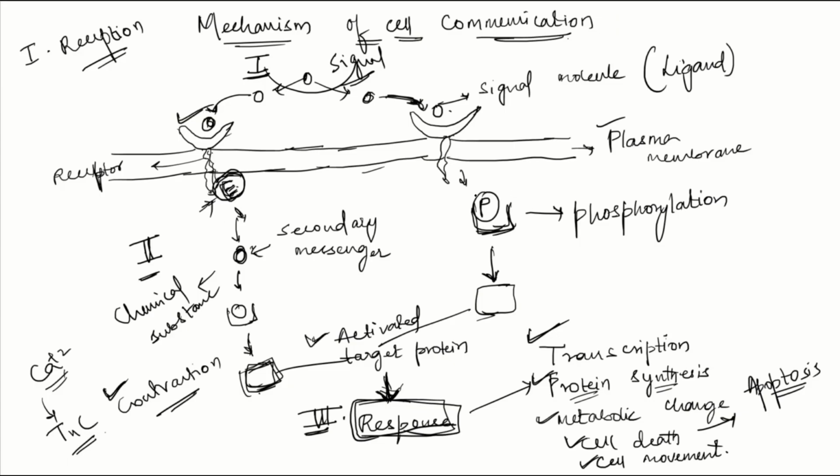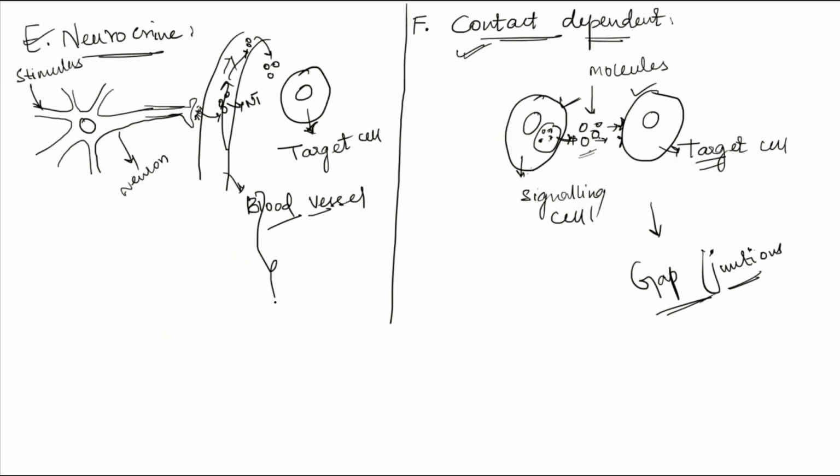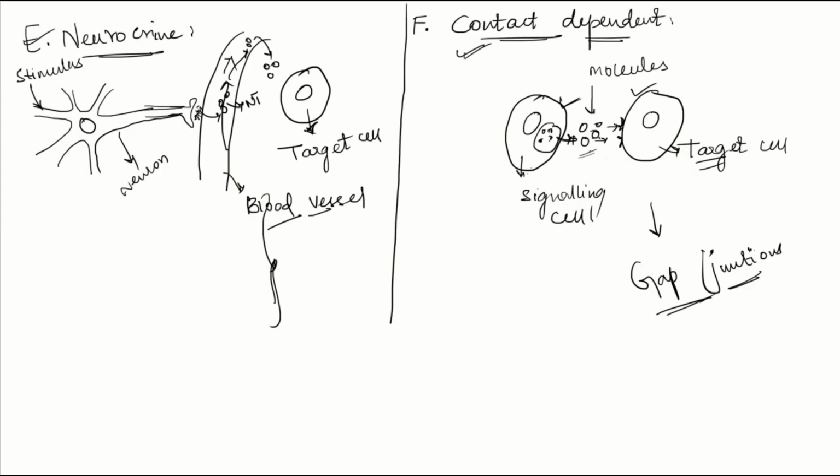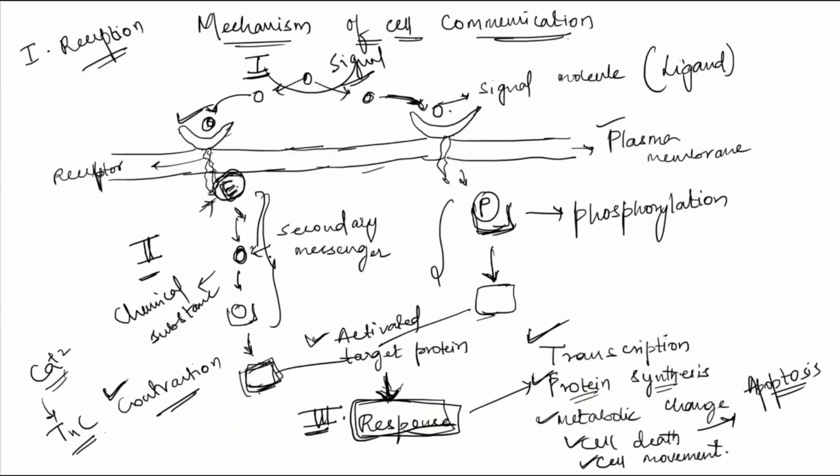And now you can see here, from here up till here, these are all the secondary mechanisms that get activated when the receptor is activated. Here the effector protein is activated and it produces a secondary messenger, and from the secondary messenger the target protein is activated, and here the phosphorylation occurs.